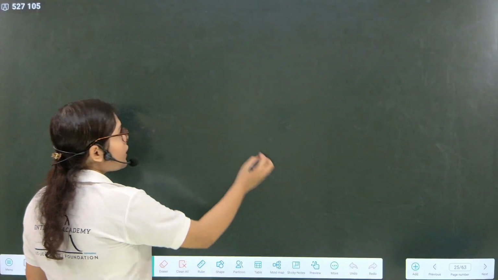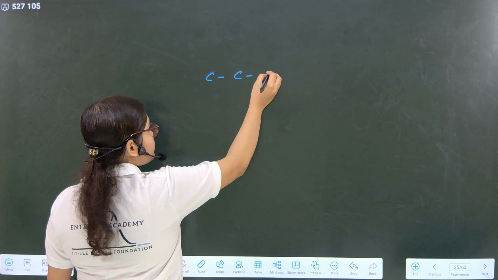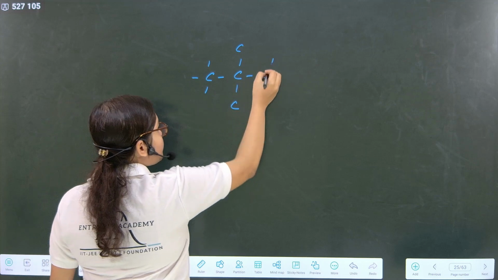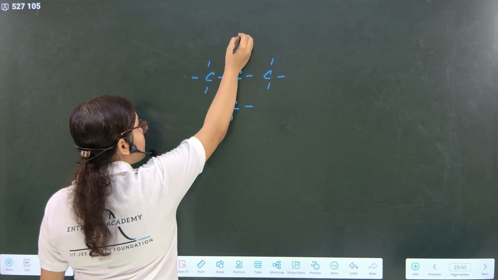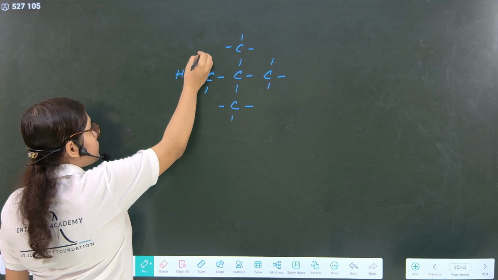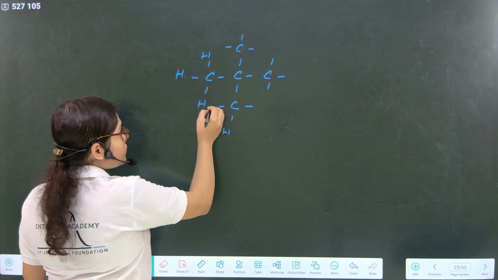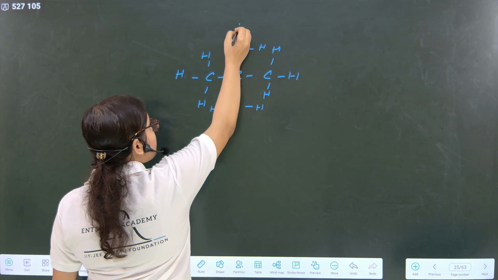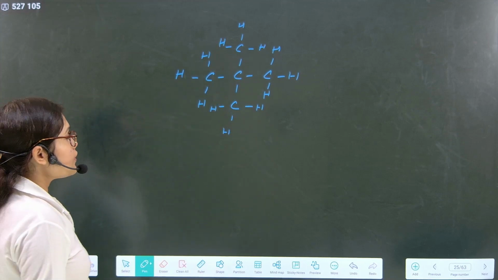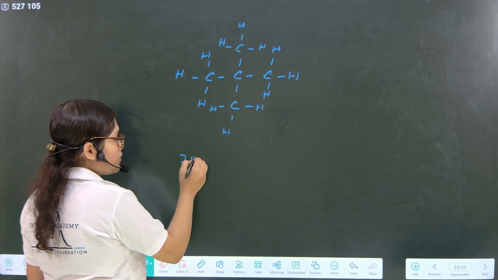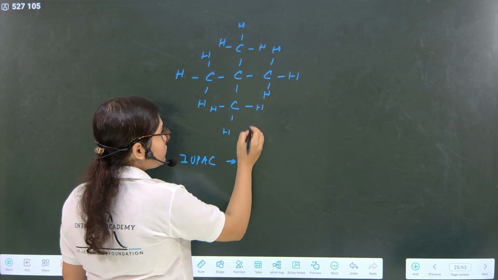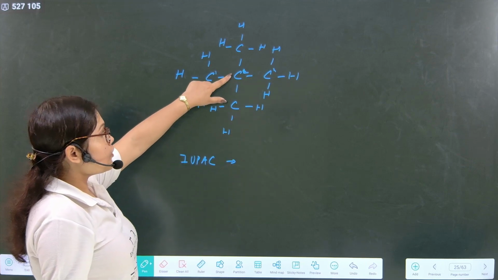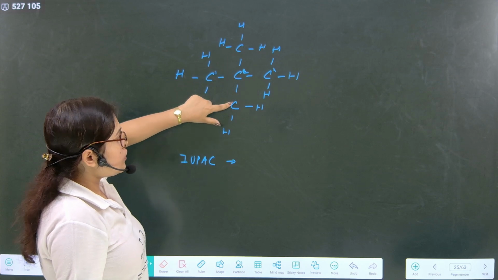And another isomer is this. This is another isomer of pentane, and the IUPAC name is: 2 methyl groups are present on the second carbon, this one is a methyl group and this one is also a methyl group.